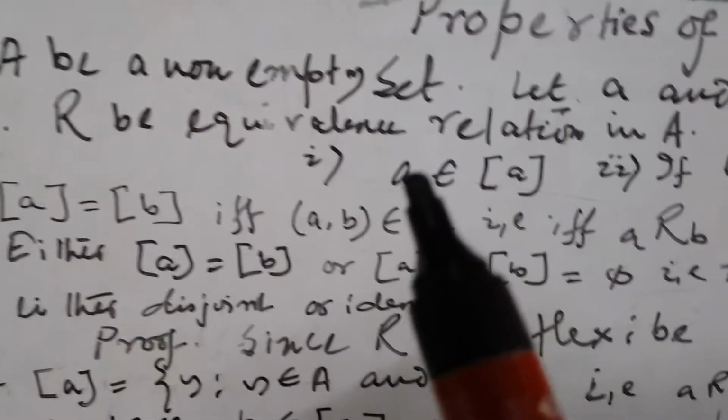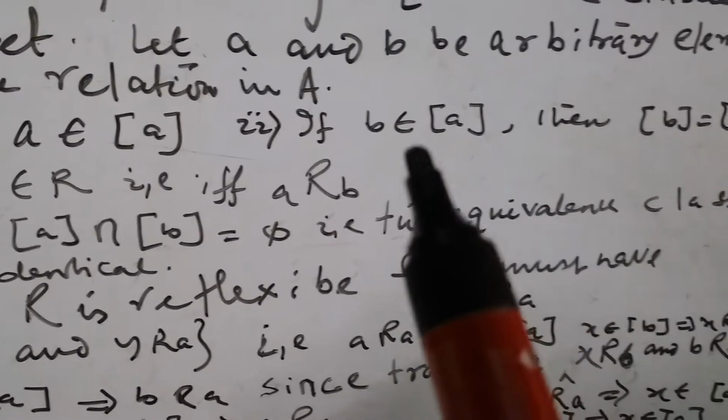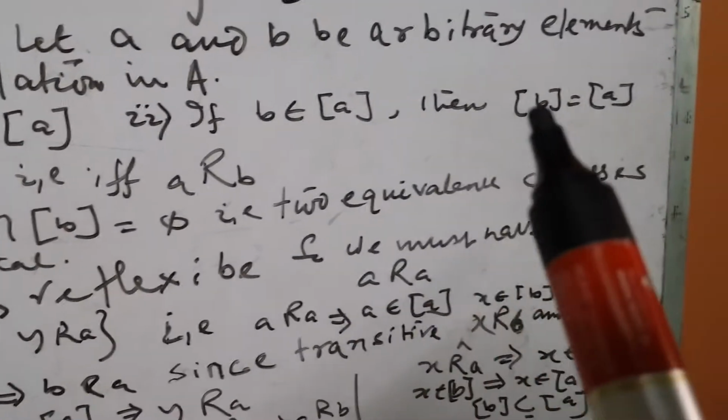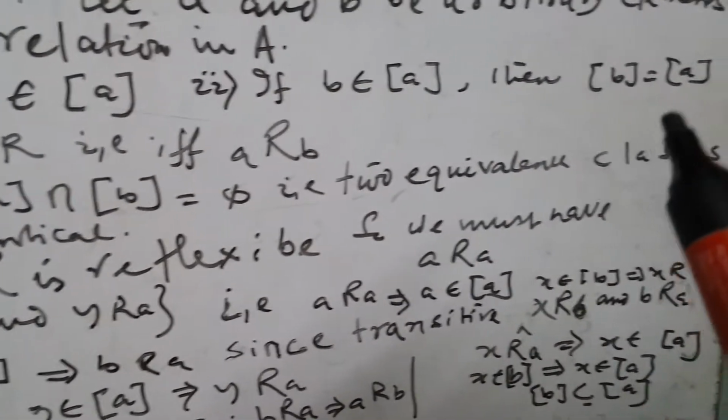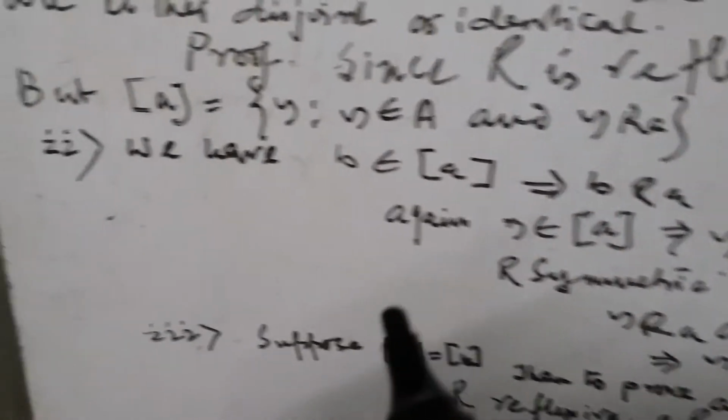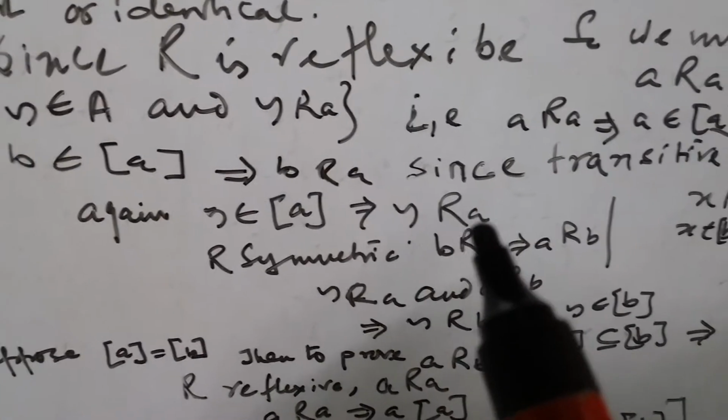Number 2, you have to prove if b belongs to [a], then [b] is equal to [a]. If b belongs to [a], it means bRa.